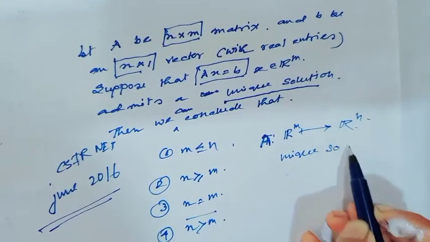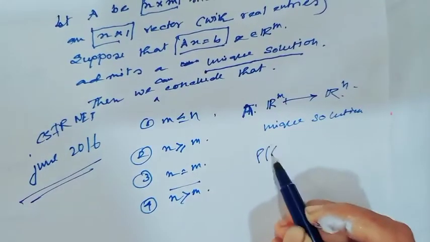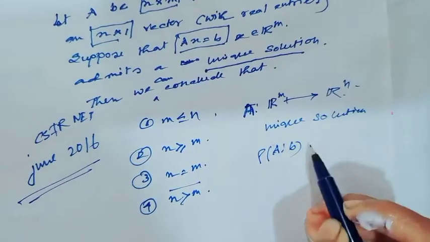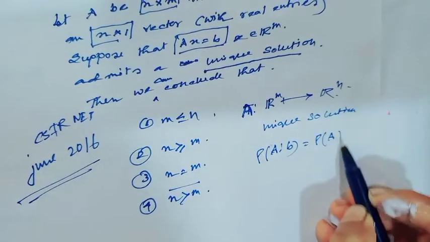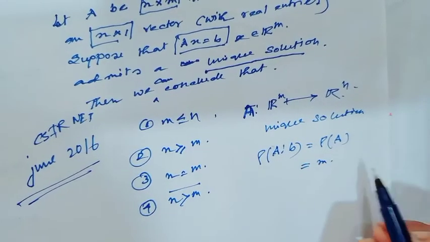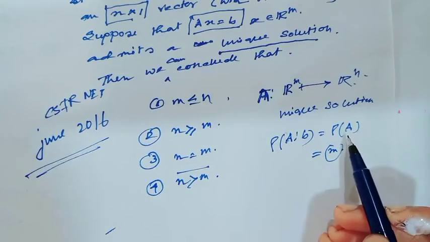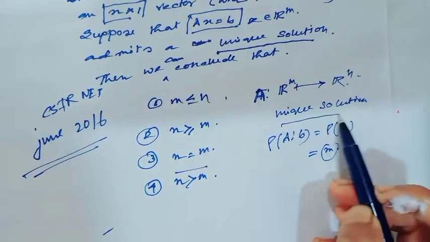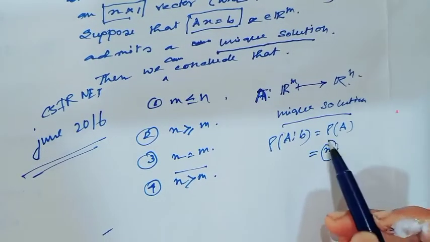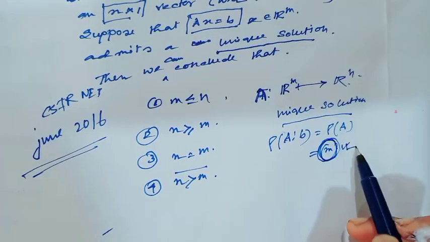That means the rank of the augmented matrix equals the rank of A, and since this is a unique solution, it is equal to the number of unknowns, which is equal to m. So since there exists a unique solution, the rank of the matrix is the number of unknowns, which is equal to m.